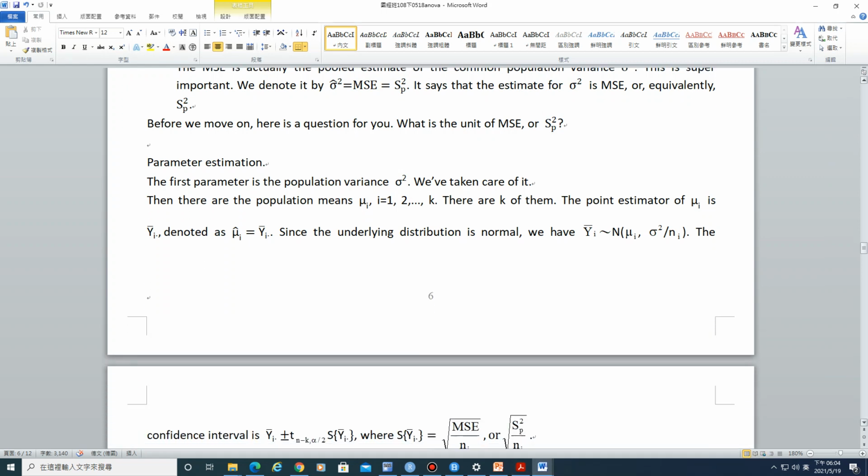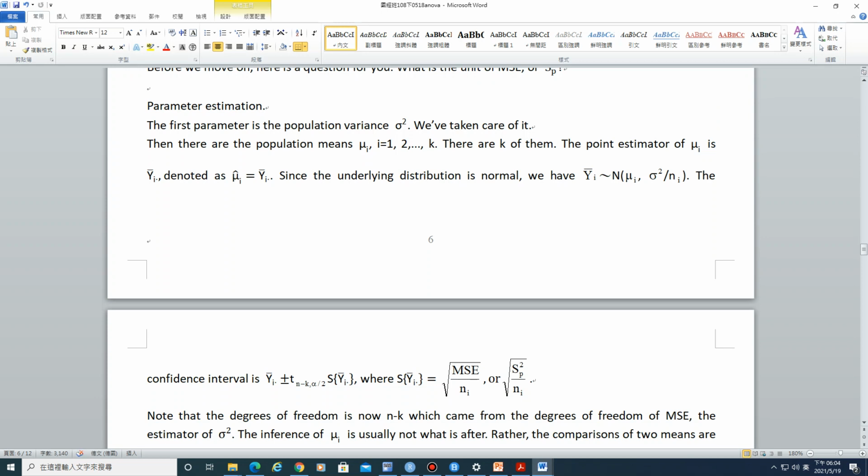If you want to estimate the mean, the estimator is the sample mean, the treatment mean, and the treatment mean follows a normal distribution. I wonder if you have noticed that the sample size is quite small.